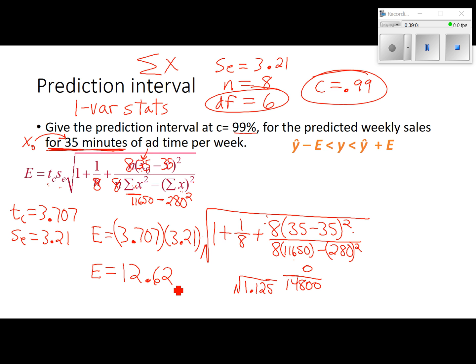Once you have your E, we also need to find our Y hat. To find our Y hat, we have to go back and use our equation again, which again, I lost my equation. It was Y hat equals 1.405x plus 7.311.